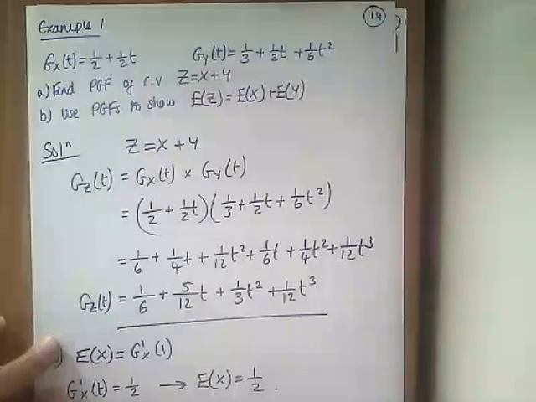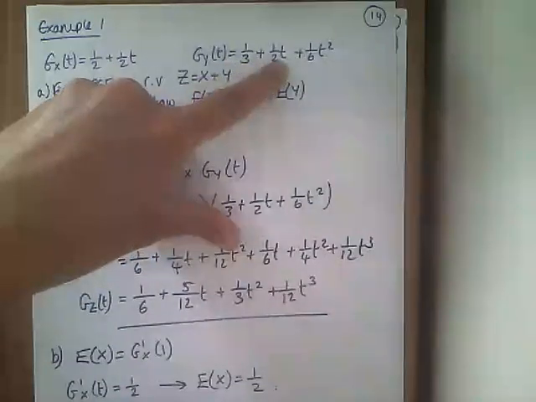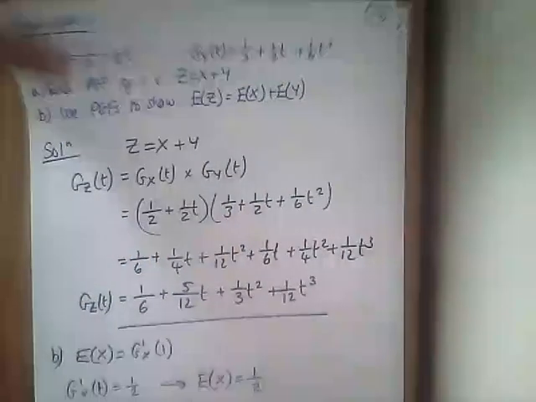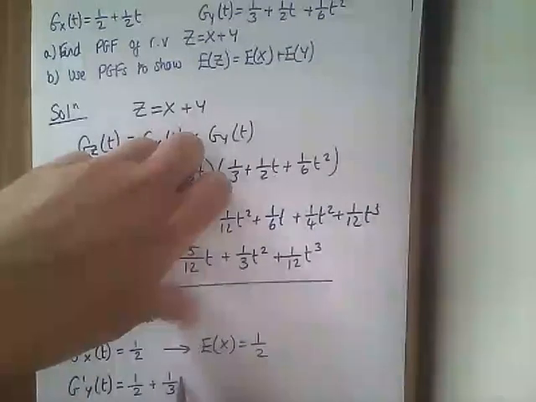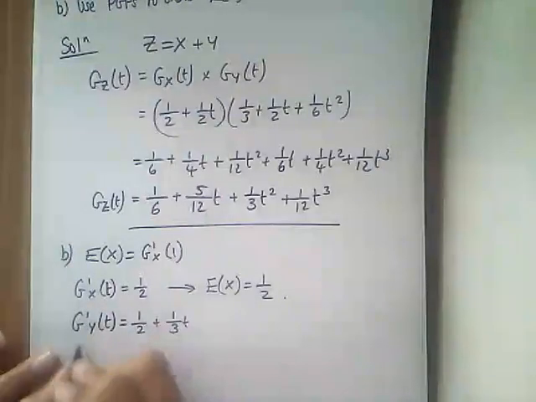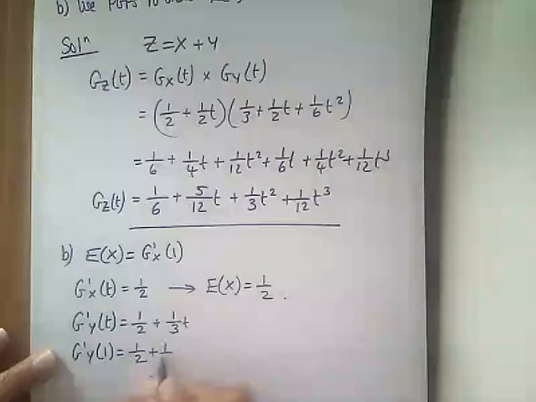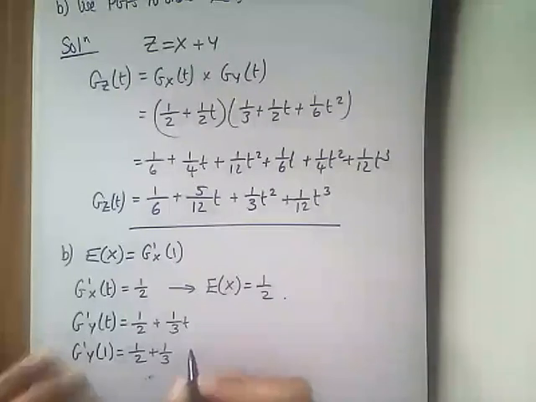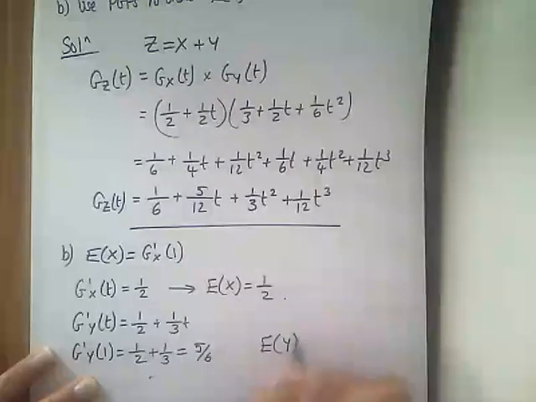So g dash y of t, if we're differentiating this function, it's going to be a half plus 2/6, so a third t. Okay, and then if we put 1 into there, we're going to get a half plus a third, lots of 1, and a half plus a third is going to be 5/6. So what we've got is E of y is 5/6.